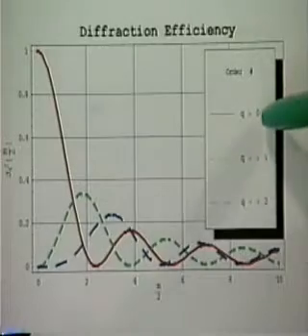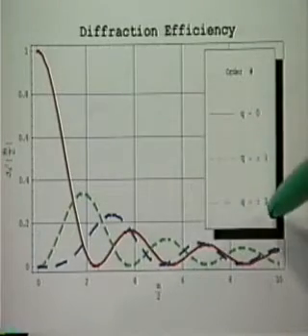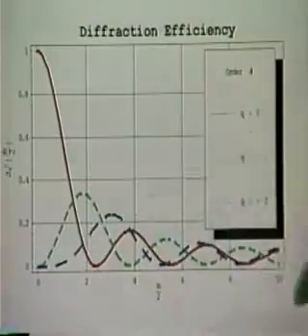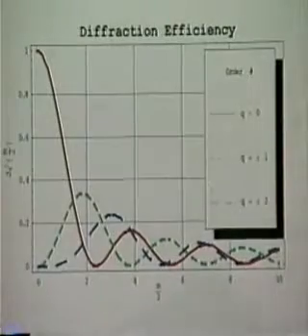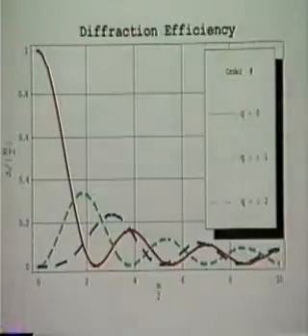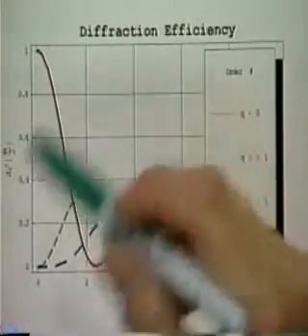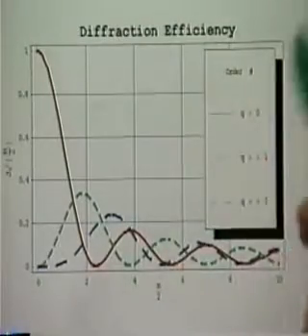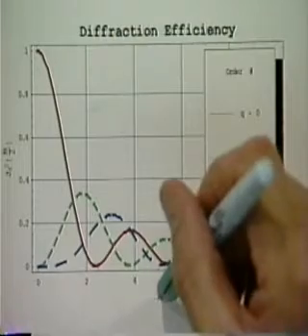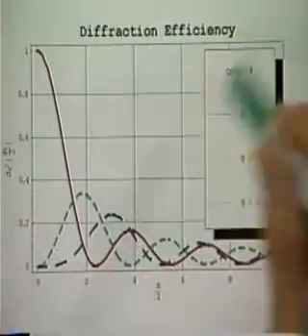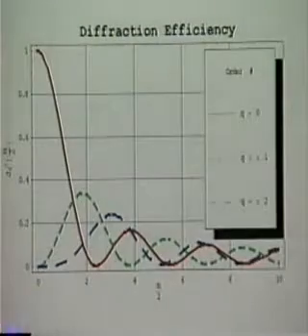I just showed plus or minus first orders and second orders. There are other orders here. So for a sinusoidal amplitude grating, we had 0 and plus or minus 1. For a sinusoidal phase grating, in general, we get many orders. And as m over 2 becomes larger, these higher orders become larger.